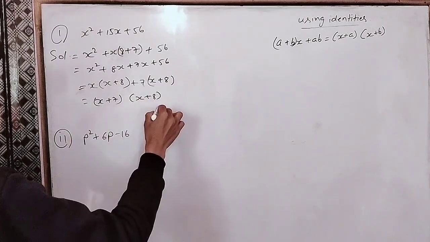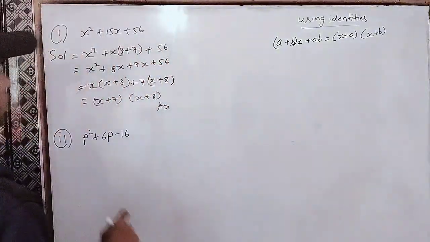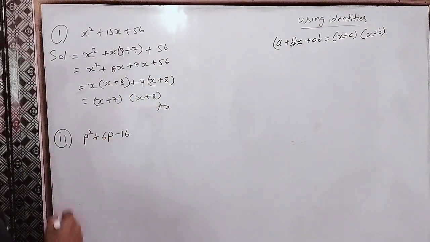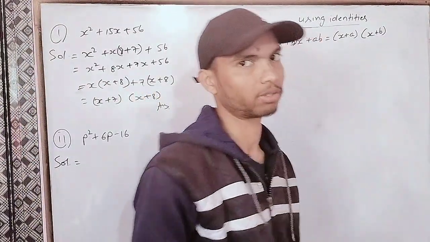Then x plus 8 is common. So here we had this equation and we should have this equation. Now you can see it makes sense.